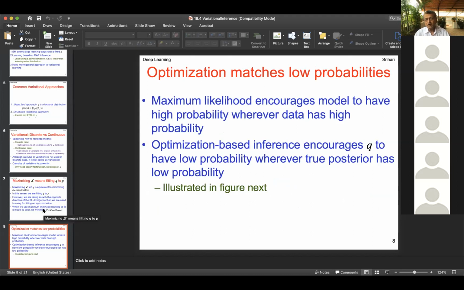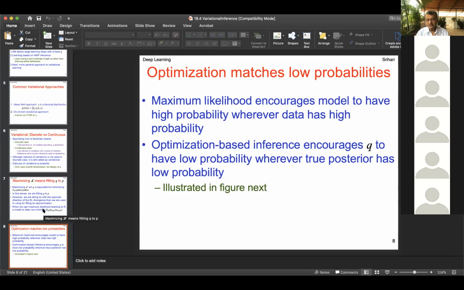Optimization matches low probabilities. Maximum likelihood encourages the model to have high probability where data has high probability. If the data has high probability, saying, hey, these are all clustering, then the model should have high probability there. Optimization-based inference encourages Q to have low probability wherever the true posterior has low probability.